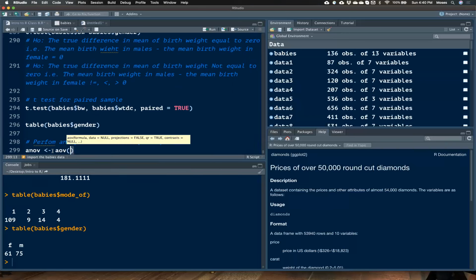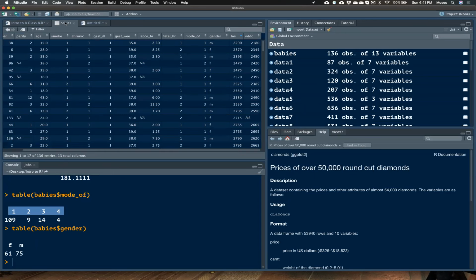If I do that, then I say, okay, birth weight, I want to test it across various categories of mode of delivery. Or we can choose any variable apart from mode of delivery. What else is here? Parity. Parity has a lot of values, up to 12. Maybe it might not be that meaningful.